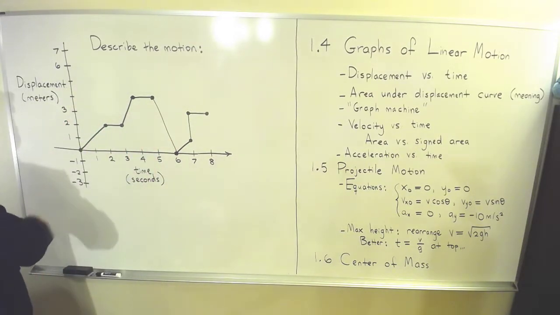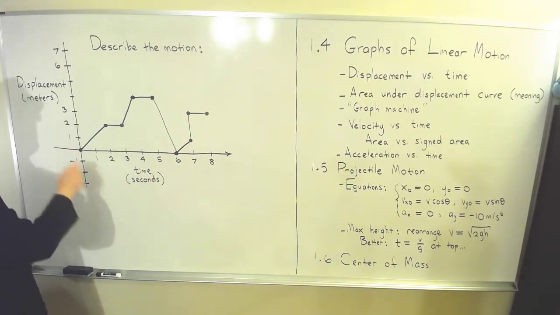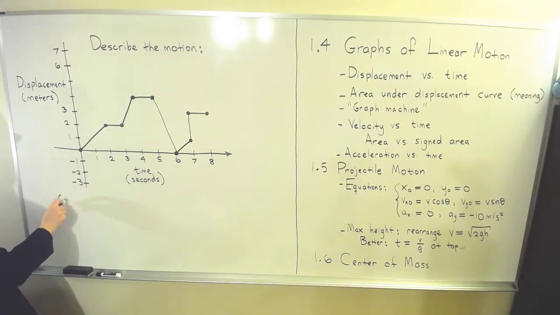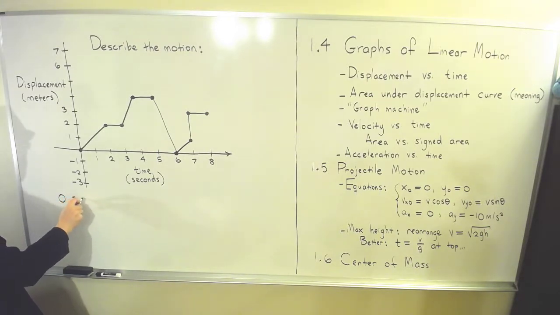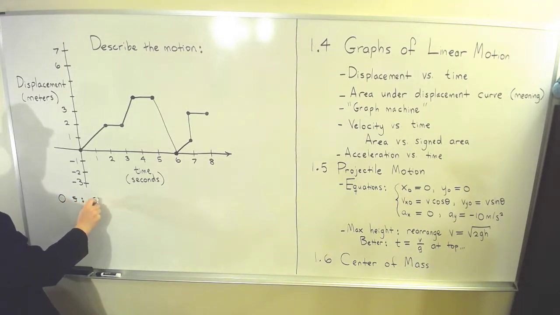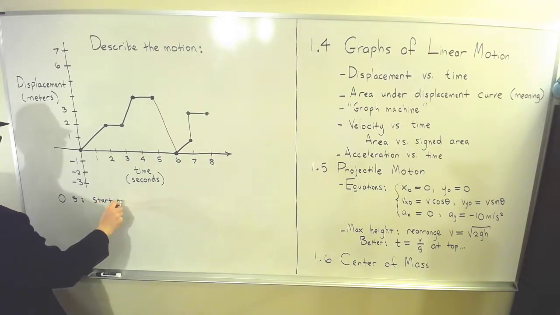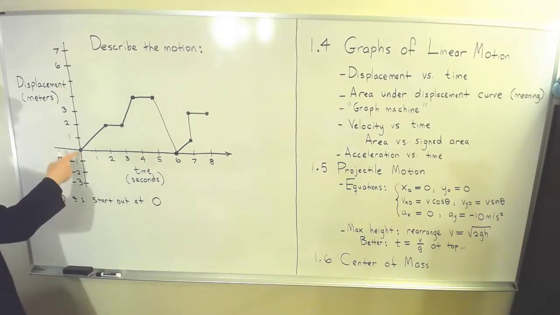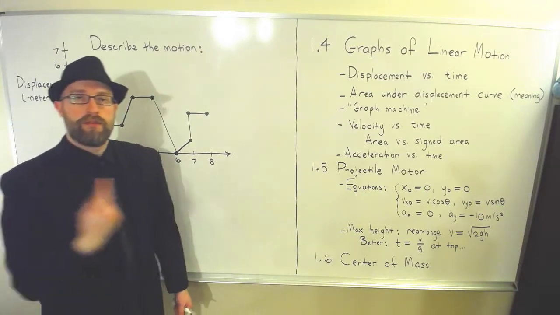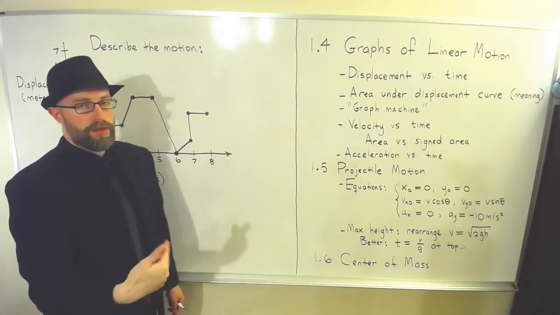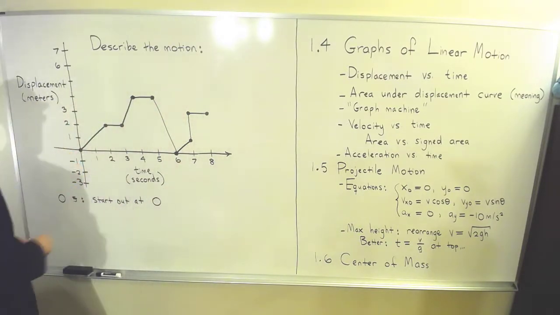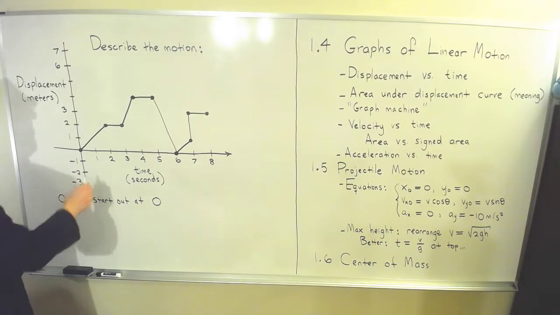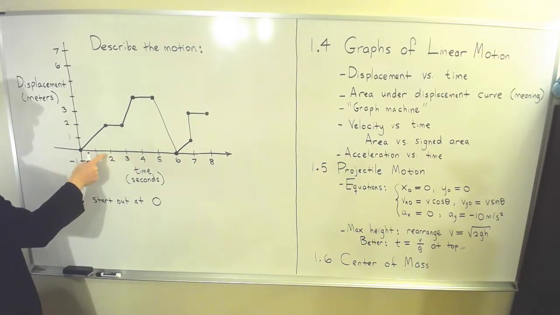So what we could do is we could say, okay, this is the time in seconds. So at 0 seconds, you start out at a position of 0 meters. So if you're moving back and forth along a line, you would choose a particular point which you say is your 0 point, and that would be where you would start. Now, between 0 and 2 seconds, I have this straight line segment here.